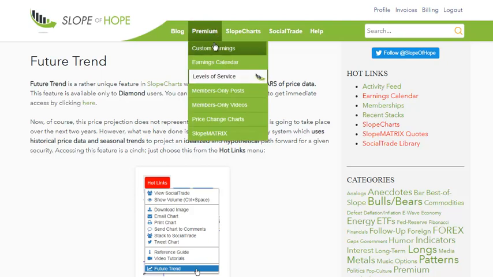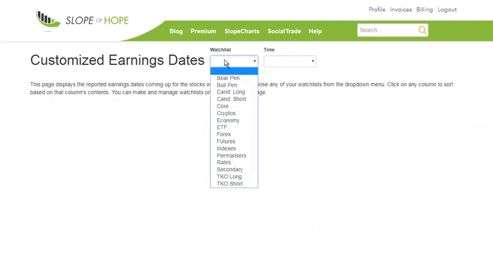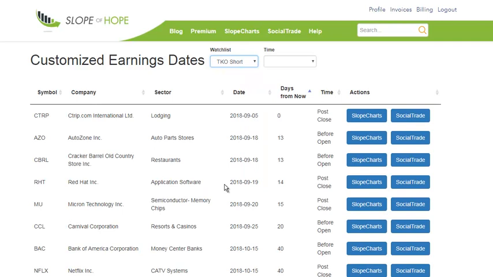You also get what's called a customized earnings calendar. And what this does is it takes your watch lists, which obviously one of your watch lists will probably be dedicated to your positions, and shows you the earnings date for that. So, for example, TKO short is where my symbols are of my live positions.